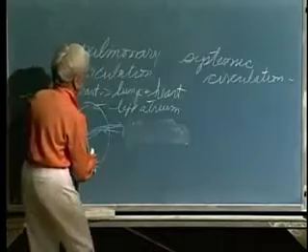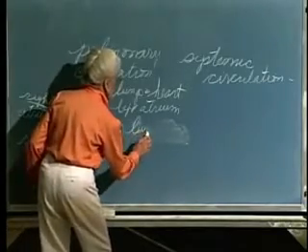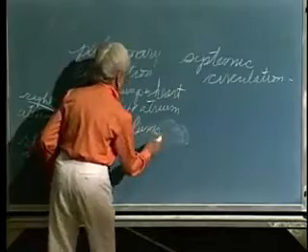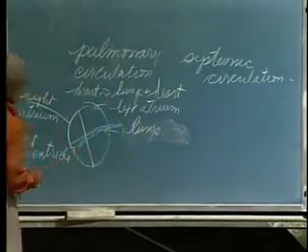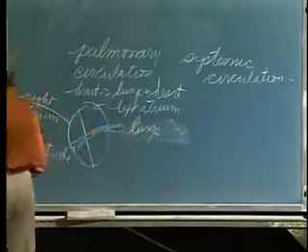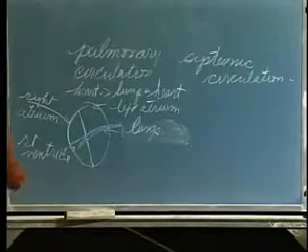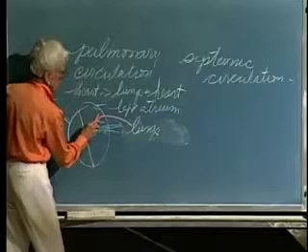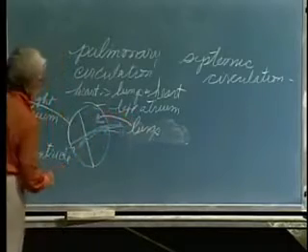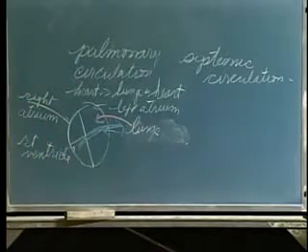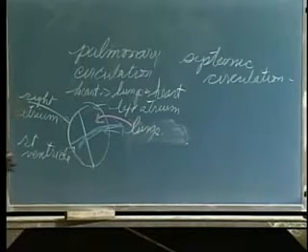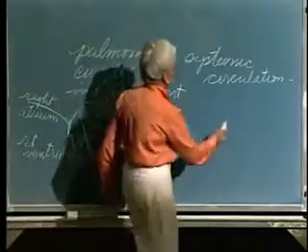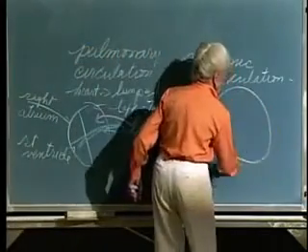This will go to lungs. And then the oxygenated blood will come back from the lungs into our left atrium. We'll get this all in detail once we develop it. I'm just giving the basic principles of the difference between pulmonary circulation and systemic circulation.